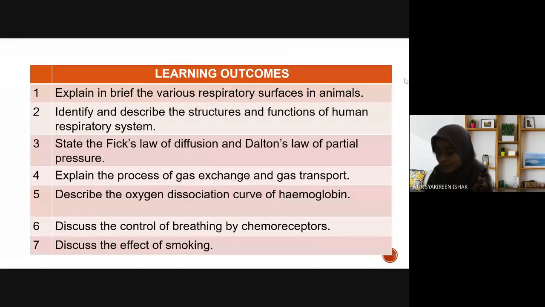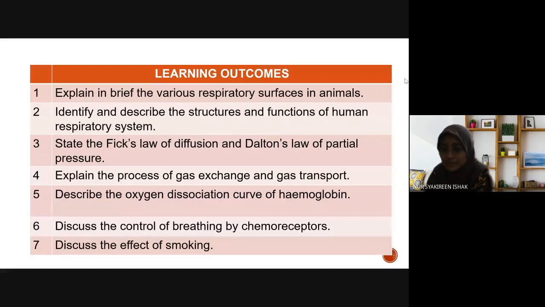So for respiratory surfaces, for the lung, basically it involves the alveolus. You know that the wall of the alveolus is really thin. It is one cell thick, and it is surrounded by many blood capillaries. So the distance between the wall of the alveolus and the blood capillaries is really short.